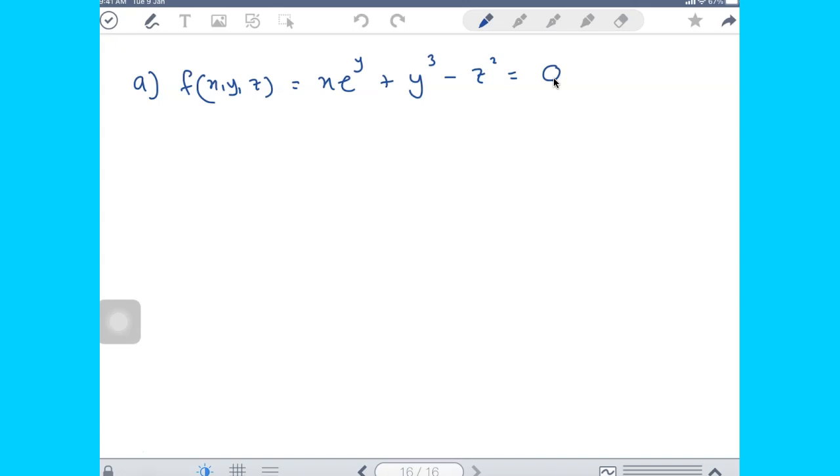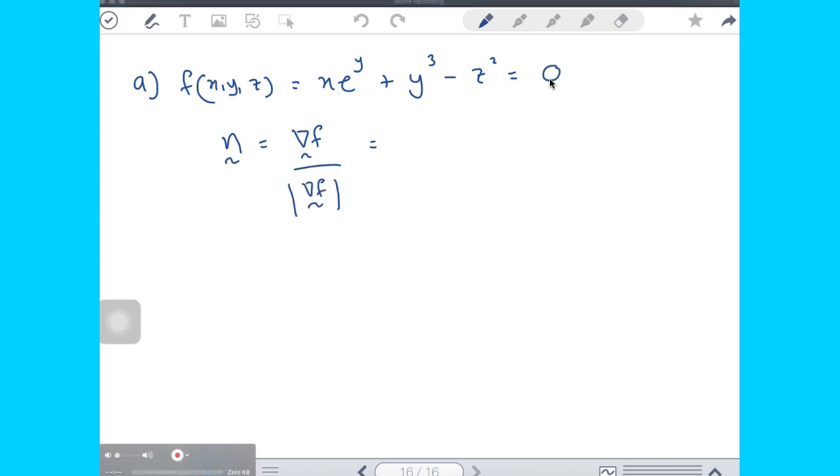Next, because we want to find the unit normal, n is the gradient of f over its magnitude. So we have to obtain fx, fy, and fz. For fx, you have e^y, that's it. For the second component, you differentiate with respect to y, so you have x e^y plus 3y squared.